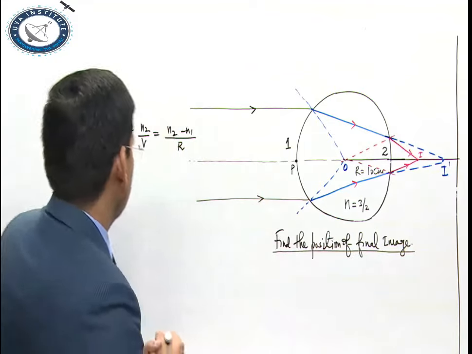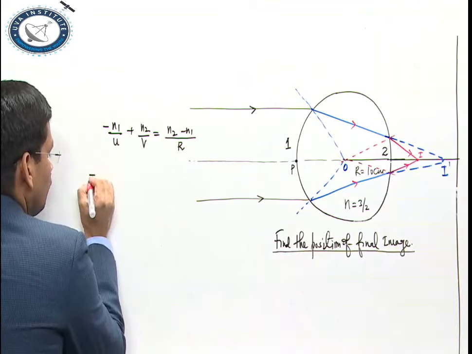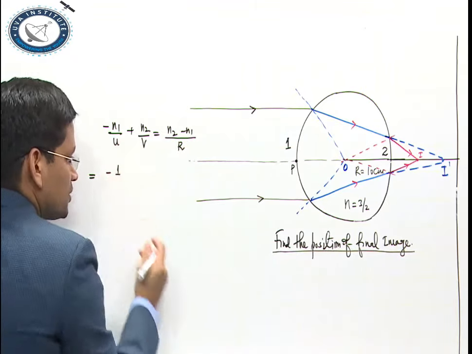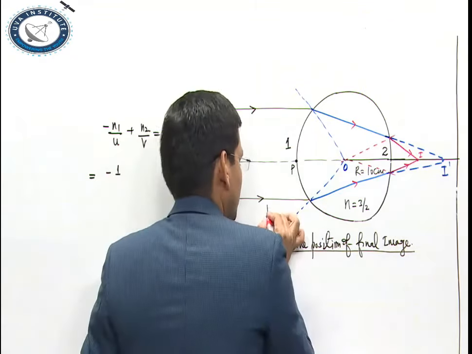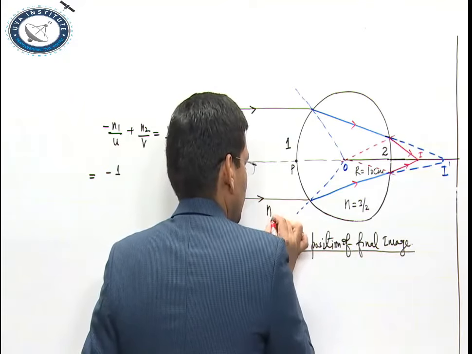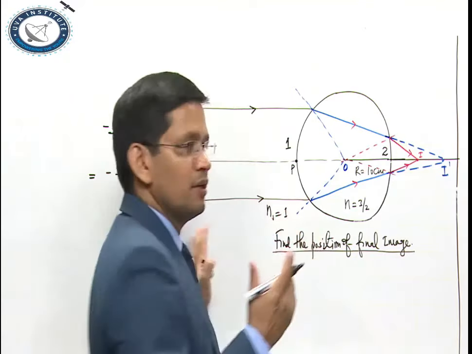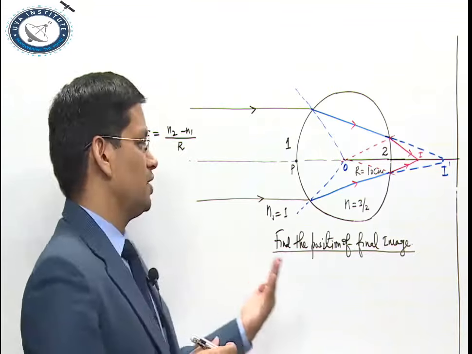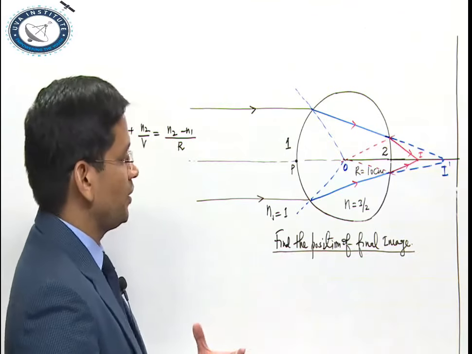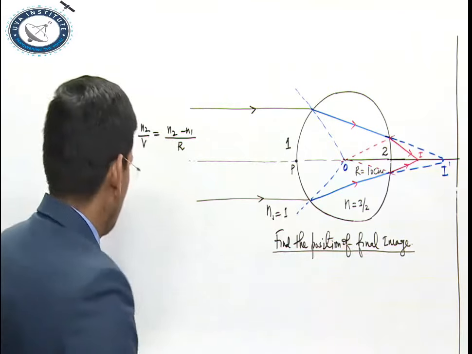If you measure the distance from this point P, n1 is 1 here because let's say it is the rarer medium. I give n1 the value 1, assuming this as the rarer medium, because right now the value of n doesn't matter. What is important is how we approach the question.